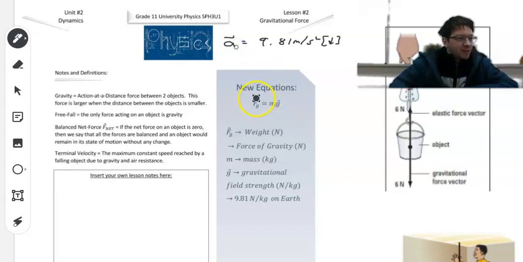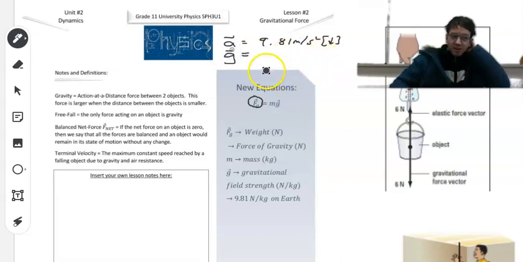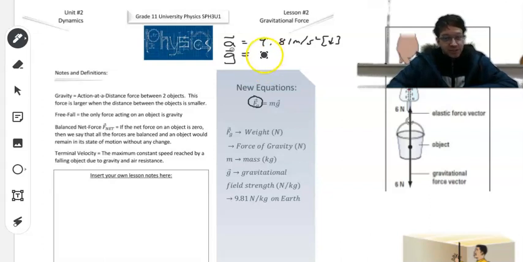And the force of gravity we label F subscript g, and it is a vector, so we have the vector symbol above it. In this equation we have it equal to mass times this other g. Now that g in our first unit we sometimes labeled as simply g, as 9.81 meters per second squared. But we can write it with slightly different, equivalent units.